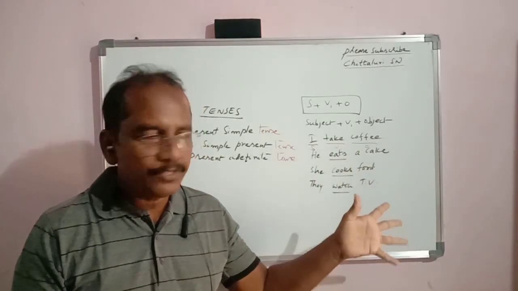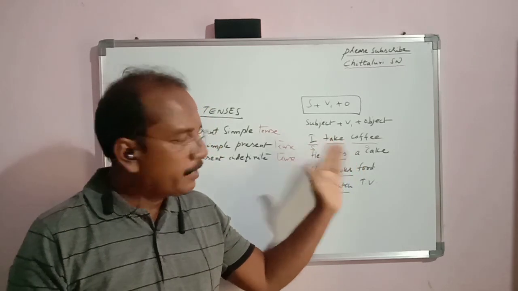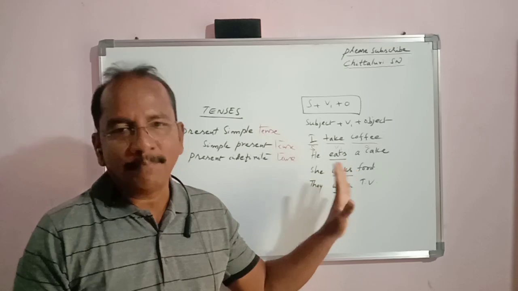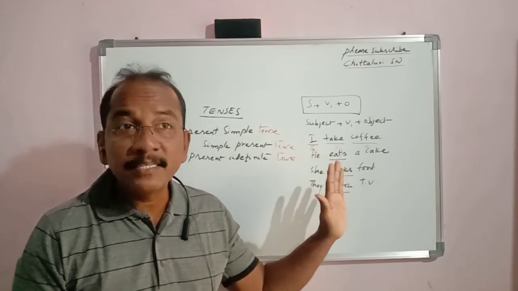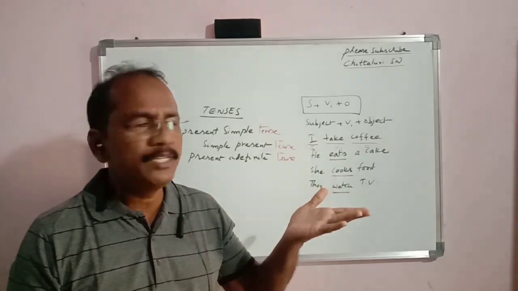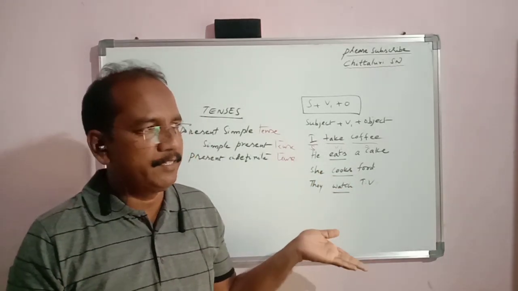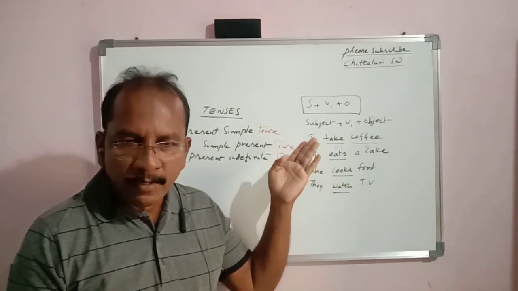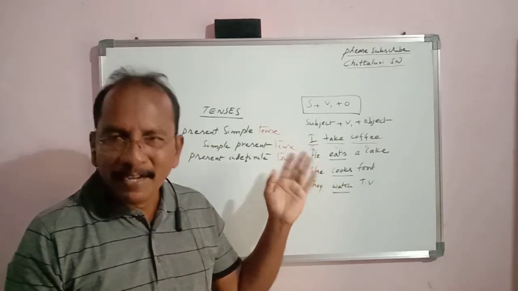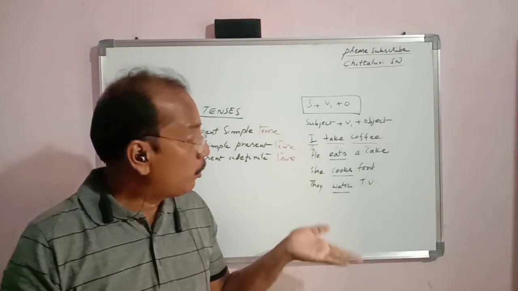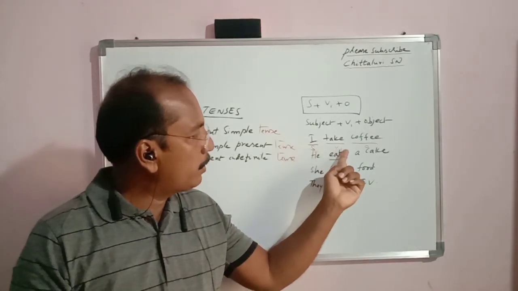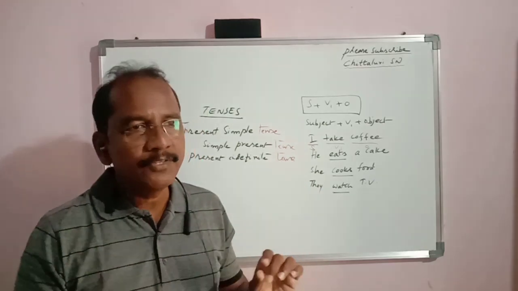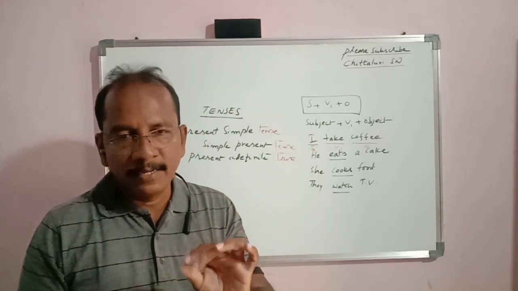This structure implies that the given sentence is in simple present tense form. Please remember, wherever you see this sort of grammatical form, where you can look at subject, V1 and object like this, immediately you can guess it is a present simple tense sentence.